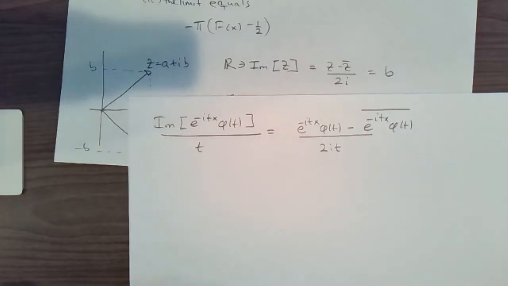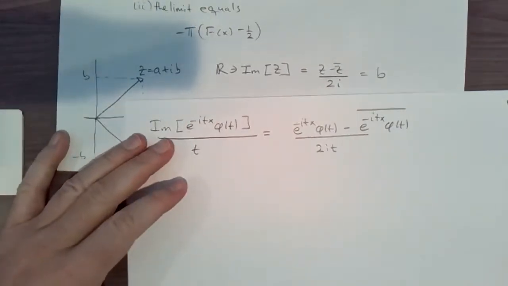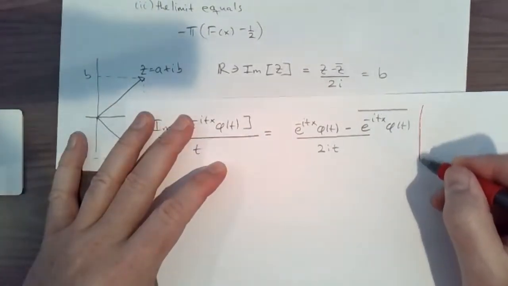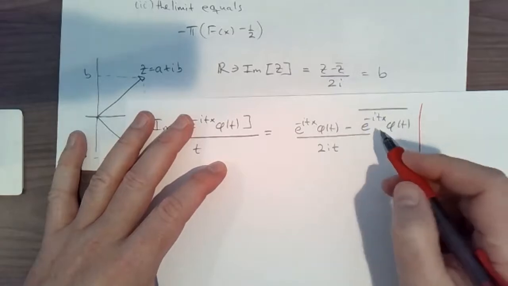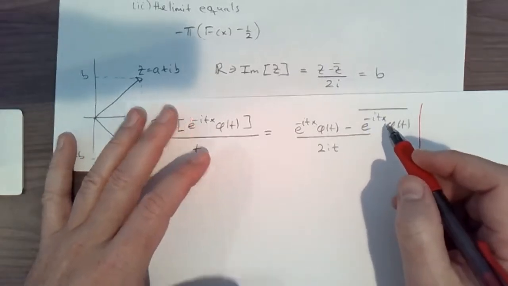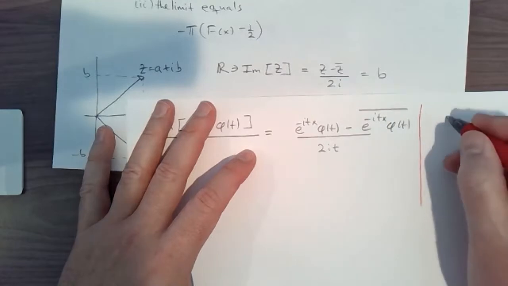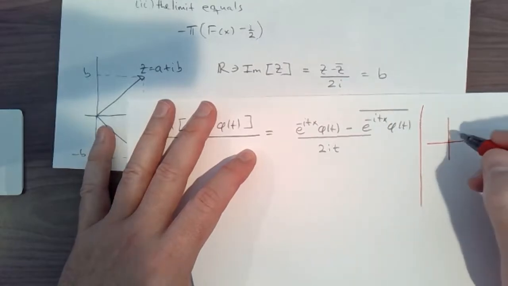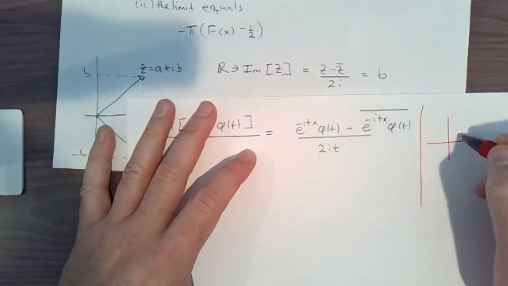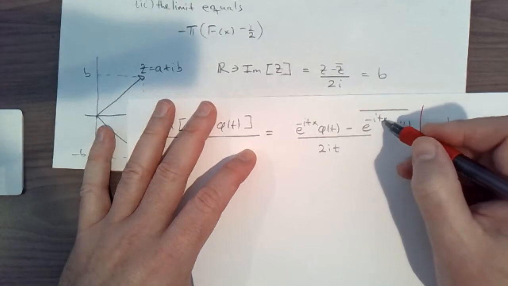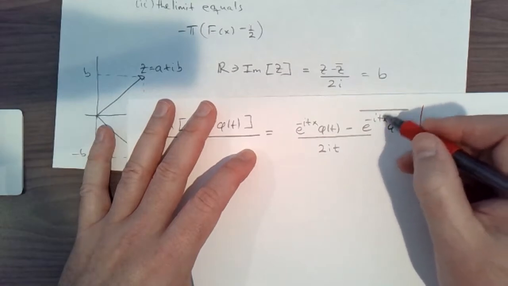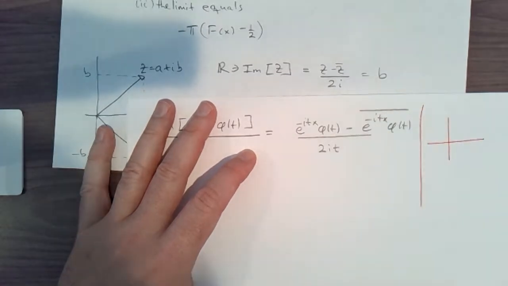Okay, so how do we do the conjugate? So maybe we should just recall the things we're computing the conjugate of. The conjugate of a product is equal to the product of the conjugates. Okay, so this e^(itx), what is that? This is my angle.